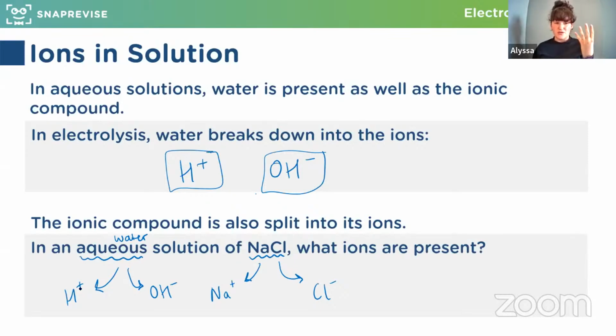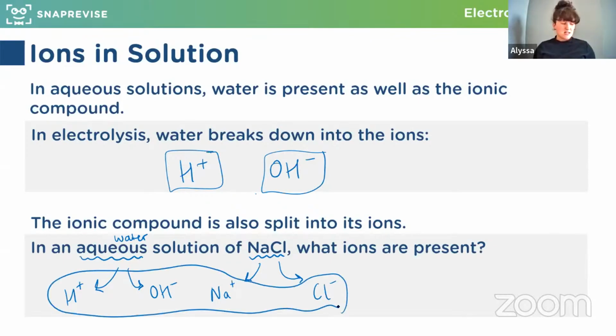Really nice, well done those of you that got that, that's awesome. We've got our sodium chloride, our ionic compound that's split into its ions, and we've got water that's split into its ions. So that means that all of these are present in my beaker floating around. And that means that the products at the electrodes are different or can be different.